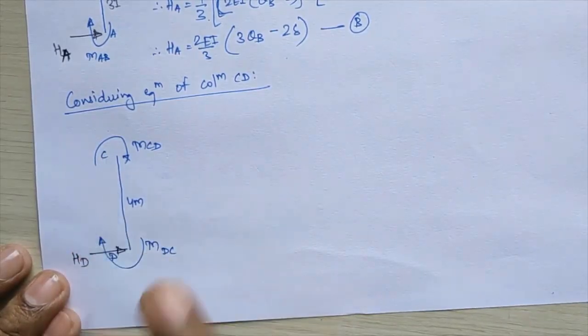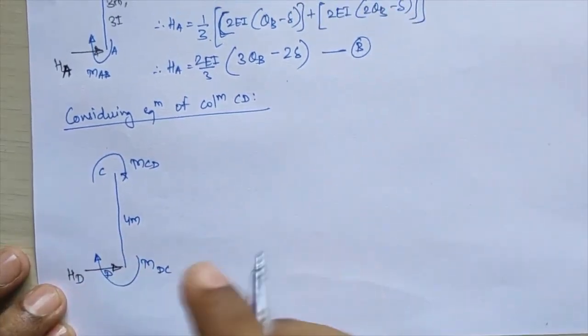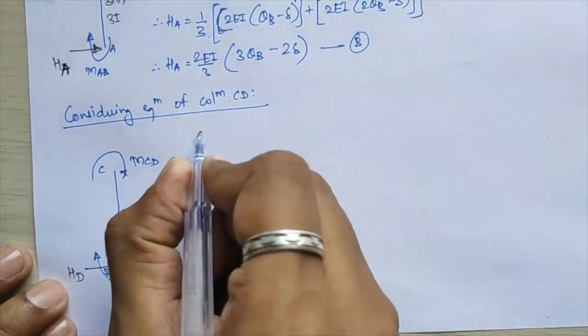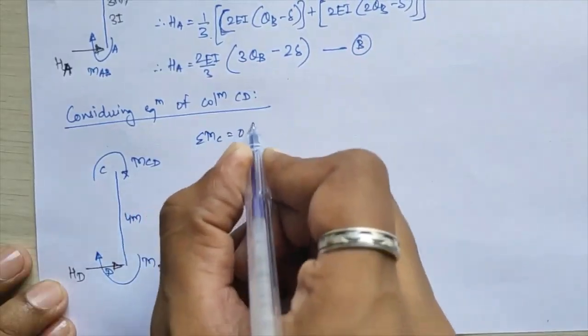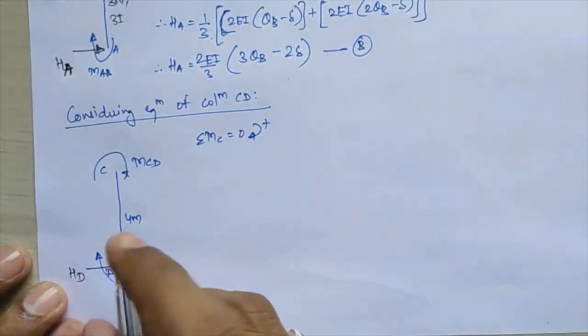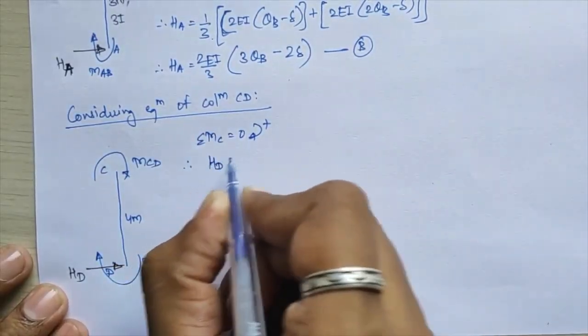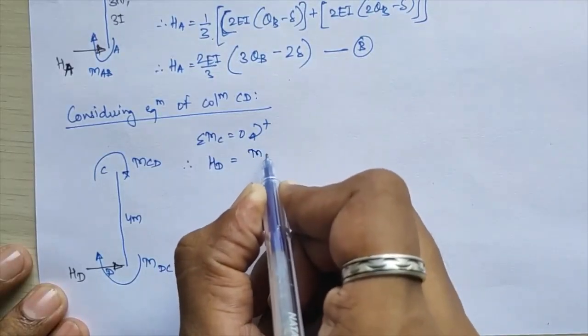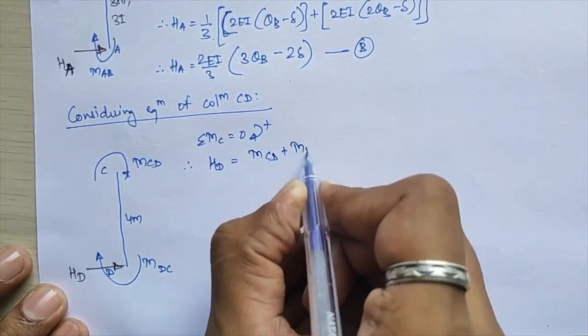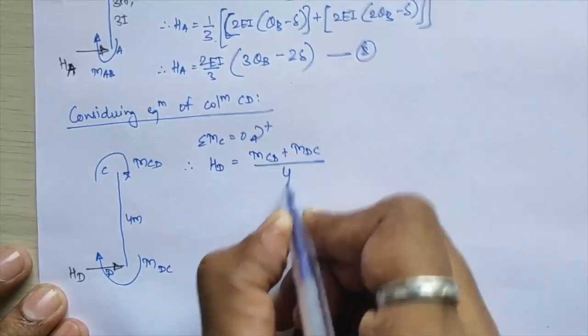Other than this there is no loading acting, so the loads will be 0. To calculate HD, I'll take moment at point C equal to 0, treating clockwise moments as positive. So I'll directly write HD as MCD plus MDC divided by 4.